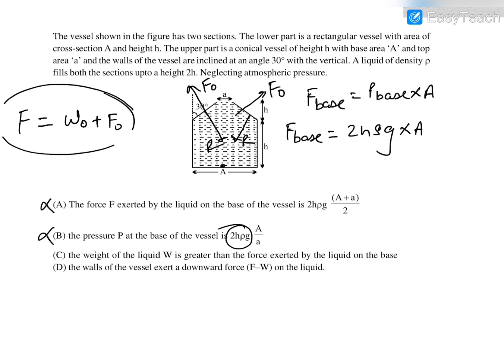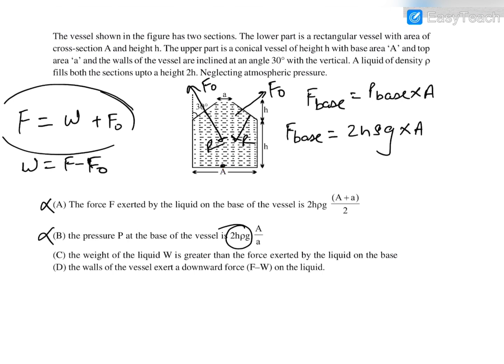We are assuming that F0 is the Y component of the force. So we can say that the weight of the liquid is in fact F minus F0, so it would be less than the force exerted by the liquid on the base.